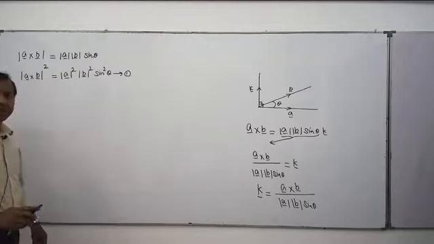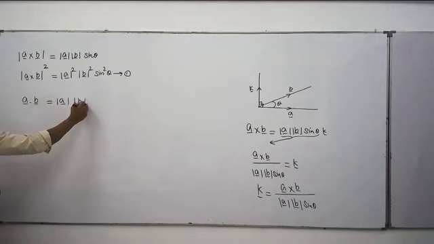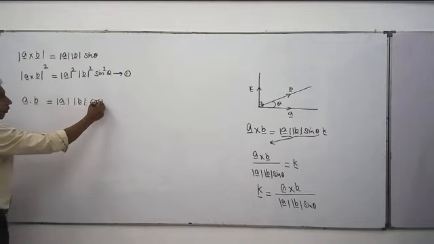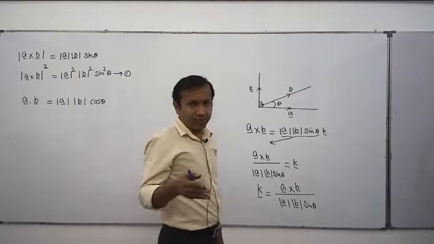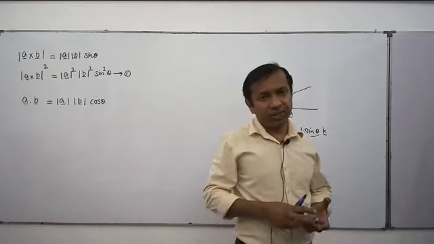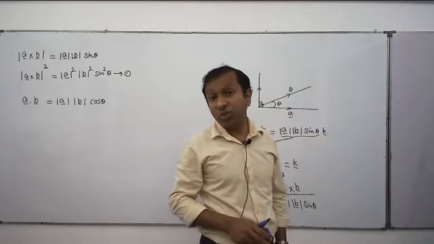Secondly, A dot B. People, what is A dot B? The definition of A dot B is modulus of A and modulus of B cos theta, no? A dot B is the scalar product, the vector dot product. By the vector dot product, people, we get a scalar. The answer is not a vector, it is a scalar.